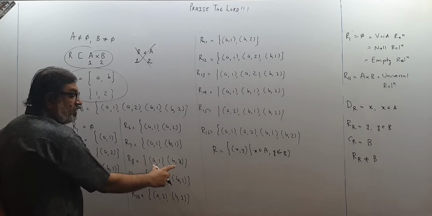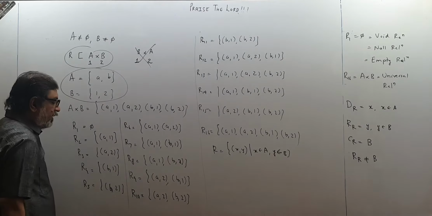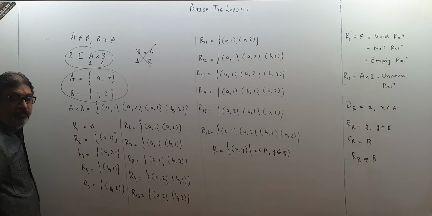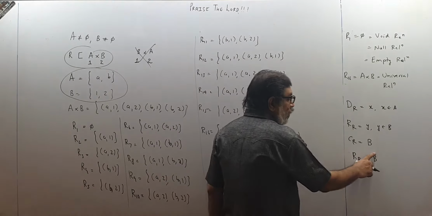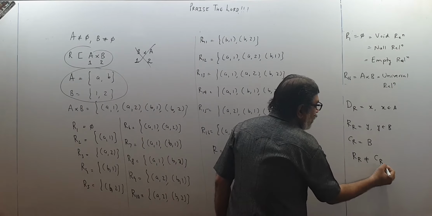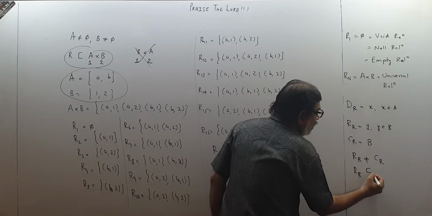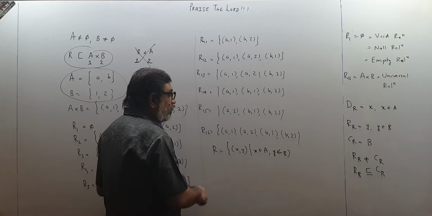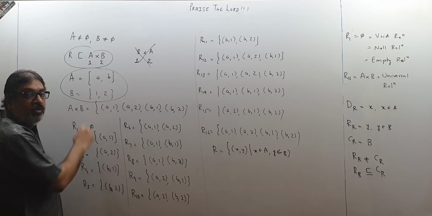If I pick up this relation, then also the range is 1 and 2. It is equal to B. If I pick up this relation, range is only 1, it is not equal to the codomain. So range of the relation is not always equal to the codomain of the relation. But one thing is always sure, range can be a subset of or equal to the codomain of the relation. Range can be equal also. Here range is 1 and 2, which is equal to the codomain.